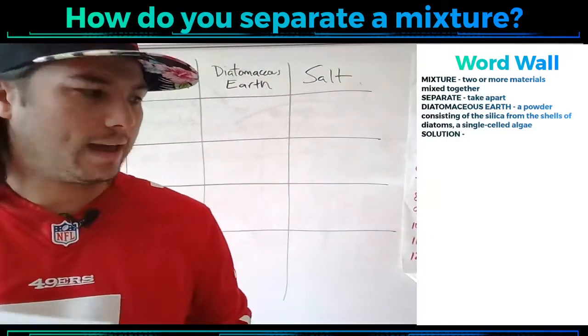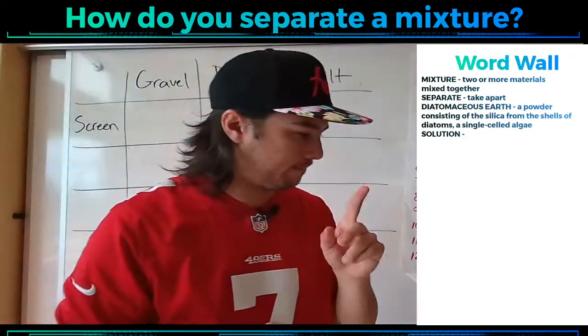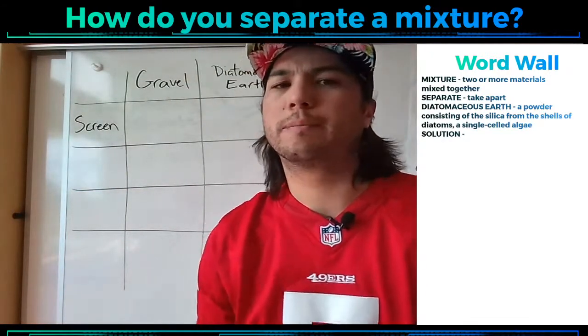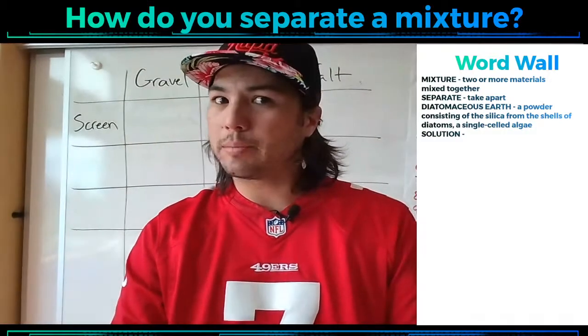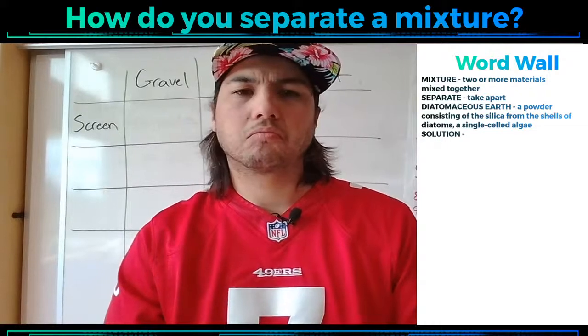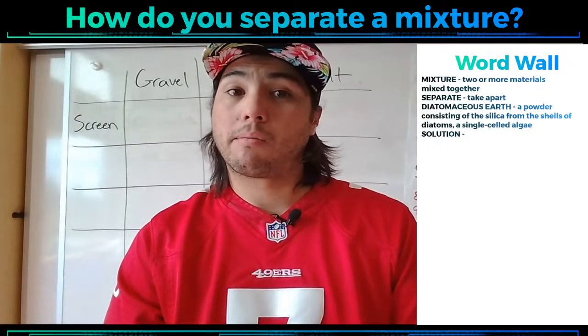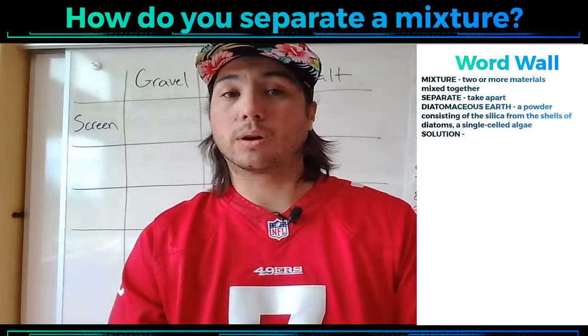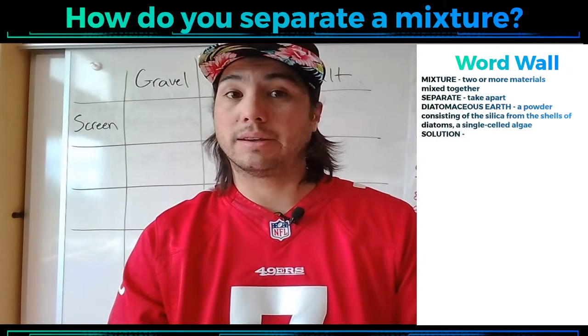And then we also had one of our ingenious scientists had the idea of, what if we just let them separate, and then we took our syringe and we took the water out? Would that work? Would we just be left with our diatomaceous earth or our gravel or our salt back in the container?